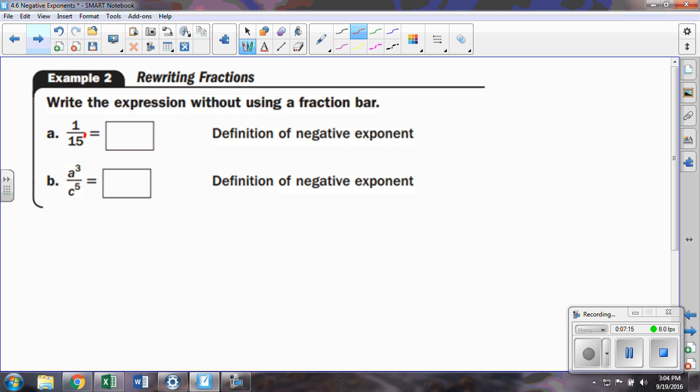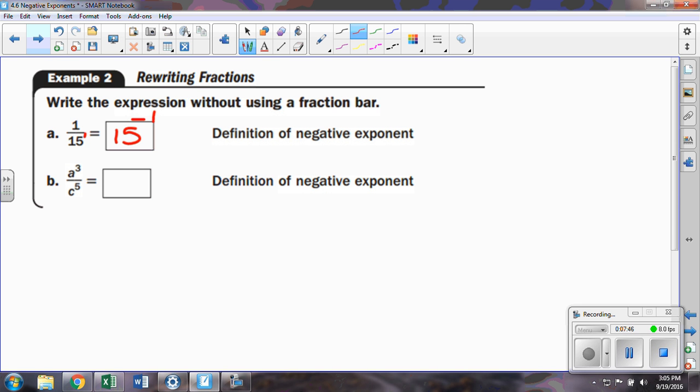So to get rid of the 1 over fraction, we've got to switch it from positive to negative. Essentially, this is just showing us that if we're going to move something from the denominator up to the numerator, all we have to do is switch the sign on the exponent. Switch it from positive back to negative.